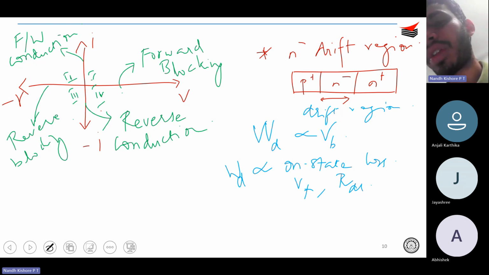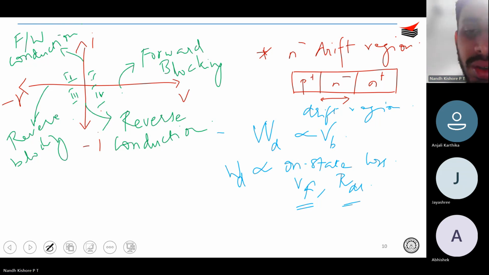The reason is that the losses will be really high because the VF and the RDS on will also be higher in that case. As the width of the drift region increases, your on-state losses will also increase.